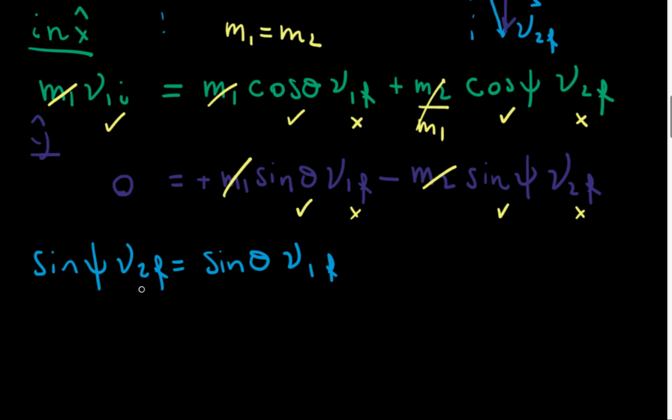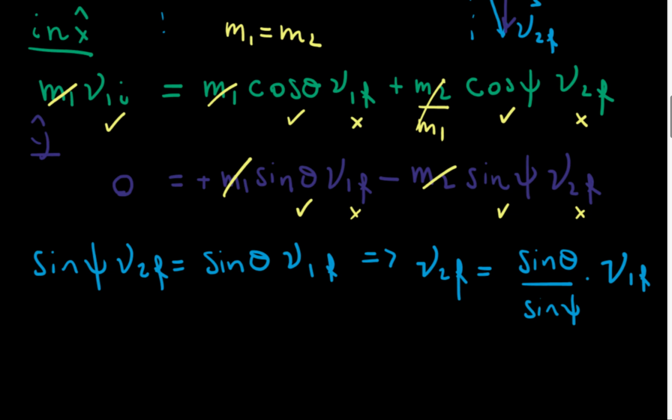What I'm going to do here is solve for V2 final. So one more step, you can show that V2 final is the sine of theta divided by the sine of phi multiplied by V1 final. Let me be careful here.